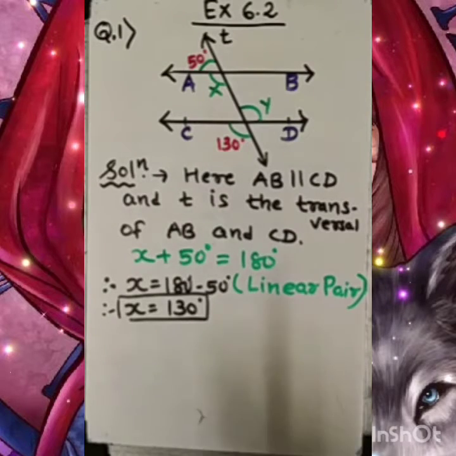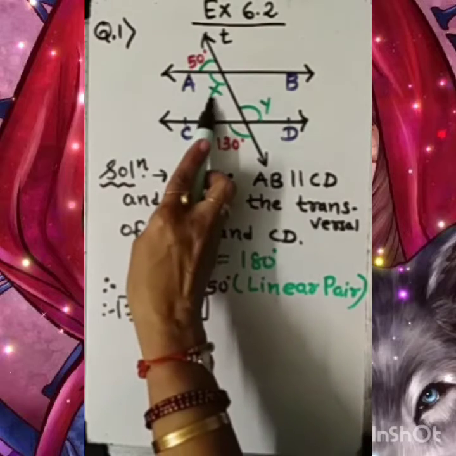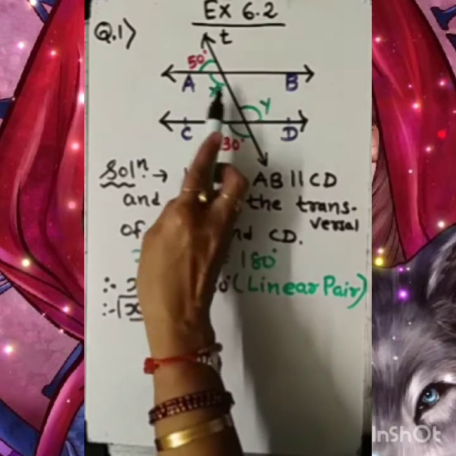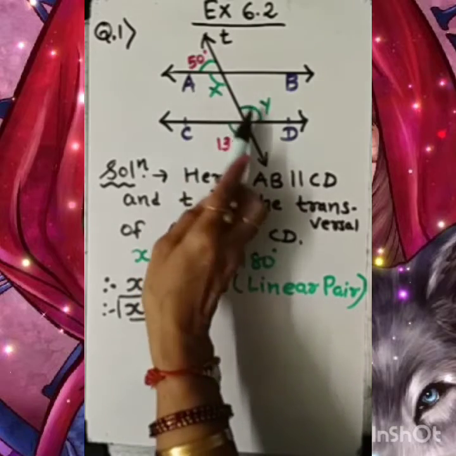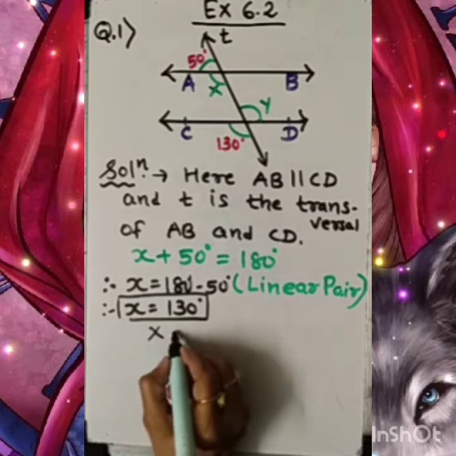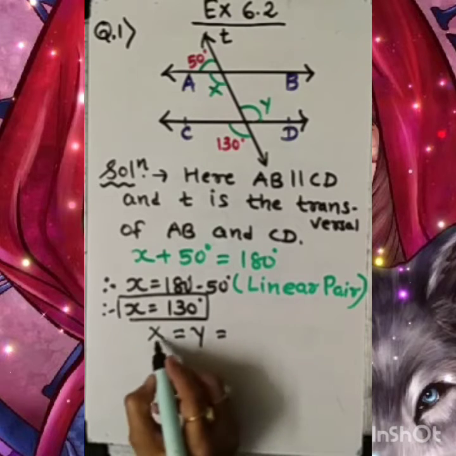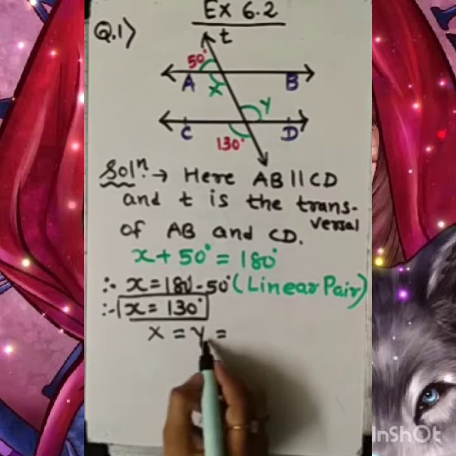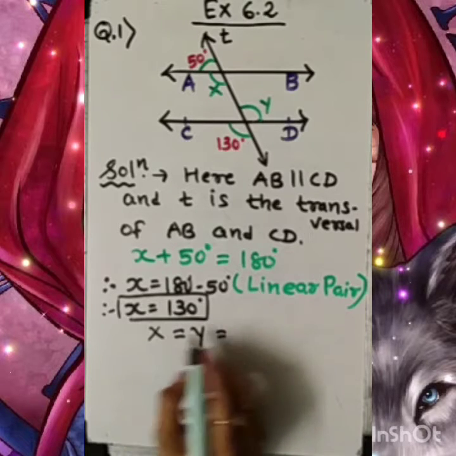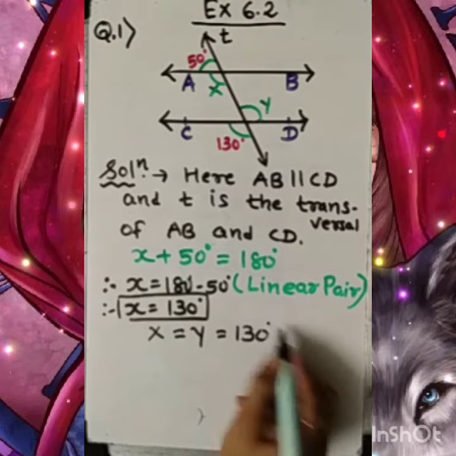Now let's come to the next step. What is the relation between x and y? I already explained to you, x and y are alternate interior angles. And you know very well alternate interior angles are always equal. So x equal to y. So x is 130, so of course y will also be 130.